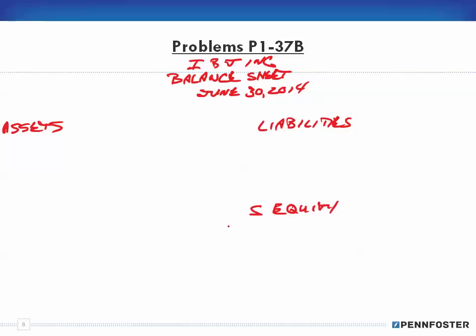Now I abbreviated the stockholders' equity, okay? That's the structure. So now underneath assets, and these headings can be center aligned, can be left aligned, or be center aligned in the column. All right, they don't have to be completely flush left.